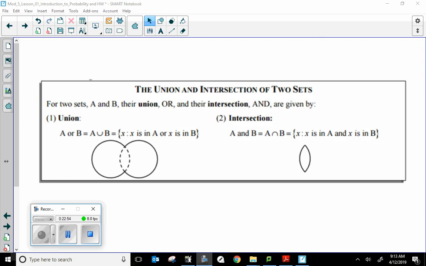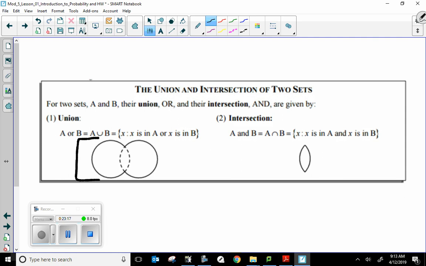Speaking of Venn diagrams, that's what we're going to have here. I'm going to explain union and intersection. I think I just did explain union. But for 2 sets A and B, their union and their intersection are given by the following diagrams. Now, a Venn diagram normally is a box out here in case there are some people that aren't in the 2 groups here.